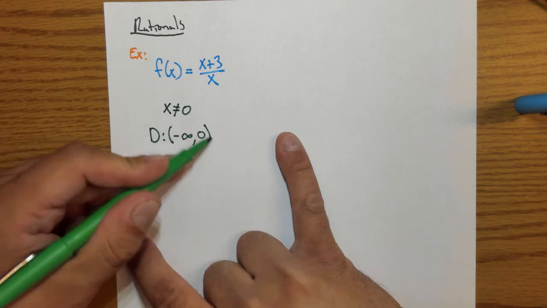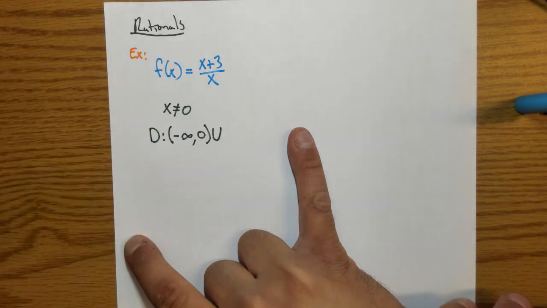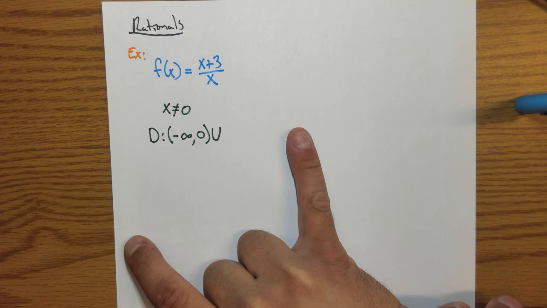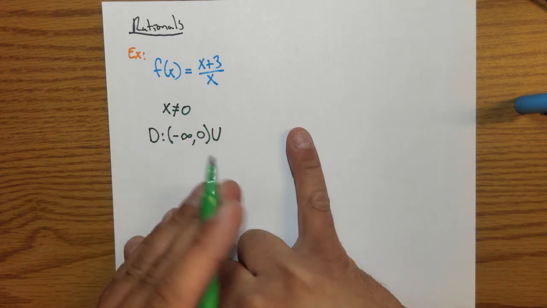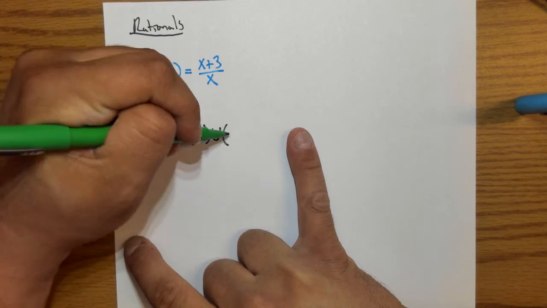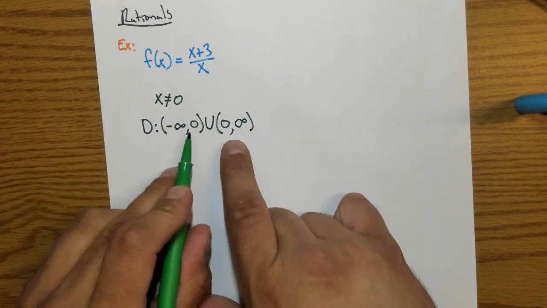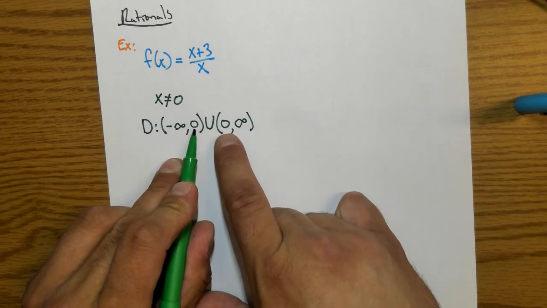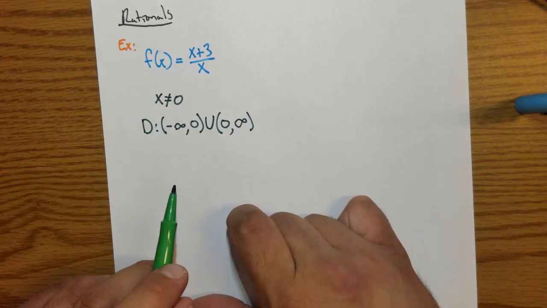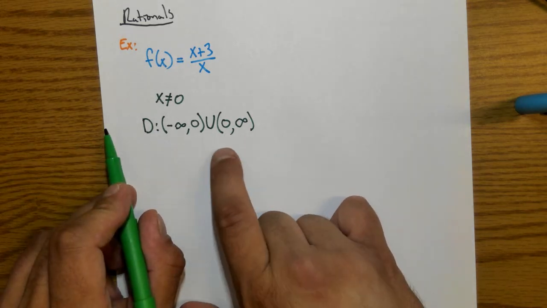So I'm going to keep a parenthesis here. And then I'm going to draw a U. It's for a union. It just shows that there's a gap in between, okay? And then we go back, and it's from 0 to positive infinity. So this is saying that I can plug in any number except 0. So you're going to want to write your domain just like this.